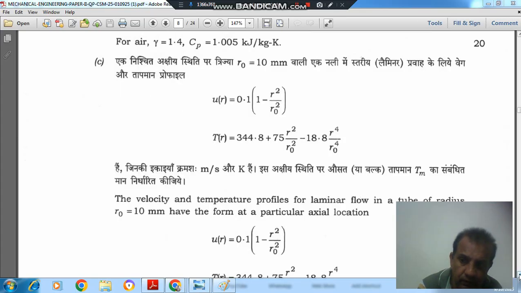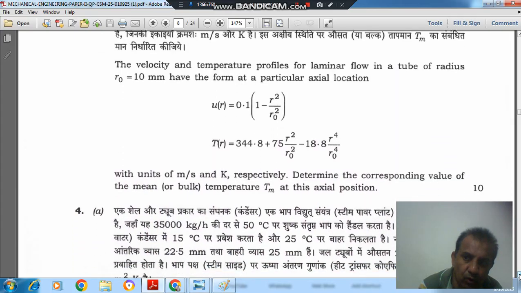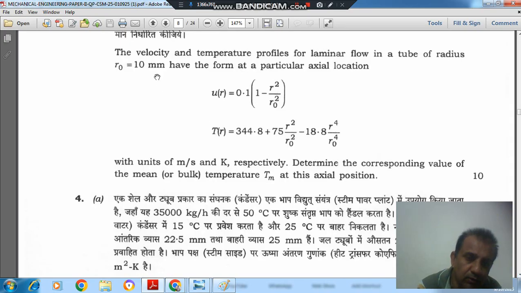The velocity and temperature profile for a laminar flow in a tube of radius R0 equal to 10 mm have the form at a particular axial location: U(r) = 0.1[1 - r²/R0²], T(r) = 344.8 + 75 r²/R0² - 18.8 r⁴/R0⁴, with units of meter per second and Kelvin respectively.